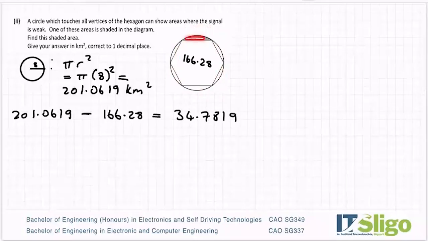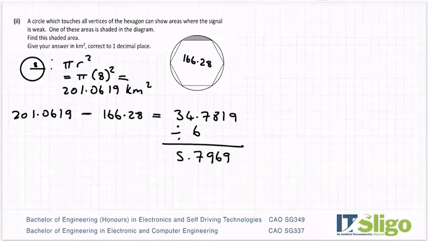How many of them have I? 1, 2, 3, 4, 5, 6. Divide that by 6 and I get 5.79699 kilometers squared. So to one decimal place, that 9 is going to make the 7 go to an 8.